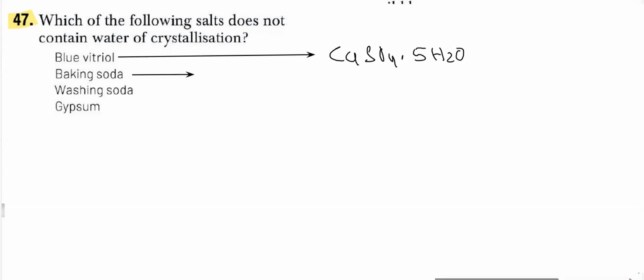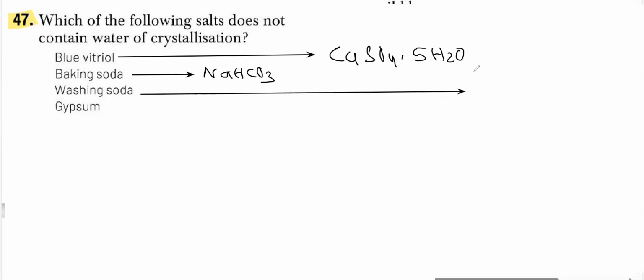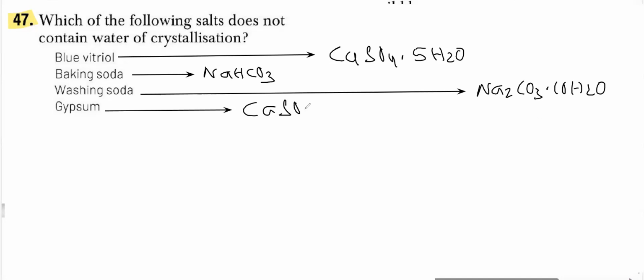Baking soda is sodium hydrogen carbonate, NaHCO3. The next is washing soda. Washing soda is sodium carbonate, Na2CO3 dot 10H2O. Ten water molecules are attached to this. Gypsum, we just did. This is calcium sulfate dihydrate, CaSO4 dot 2H2O.